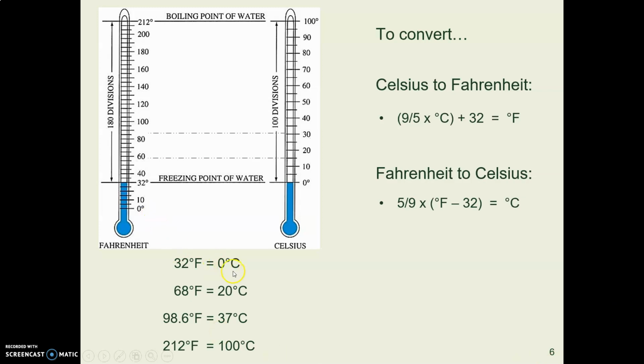And then here at the bottom of the slide are just some key milestones. 32 degrees Fahrenheit is freezing. That's the same as 0 degrees Celsius. 212 degrees Fahrenheit is boiling. That's the same as 100 degrees Celsius. 100 degrees is boiling in the Celsius scale.